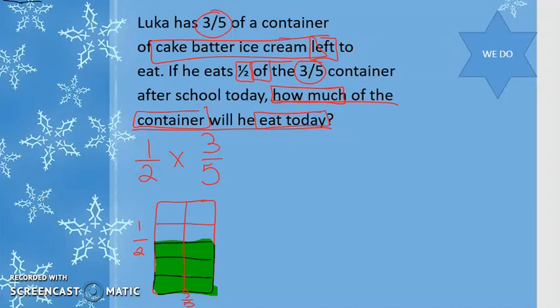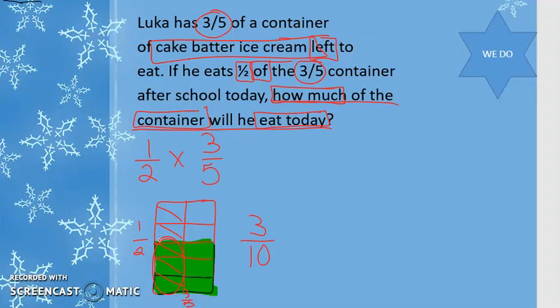And then we have 1 out of our 2 parts that overlap. And we have 3 out of our 10 boxes or 10 parts that overlap one another, these 3. So he is going to eat 3/10 of this container today.